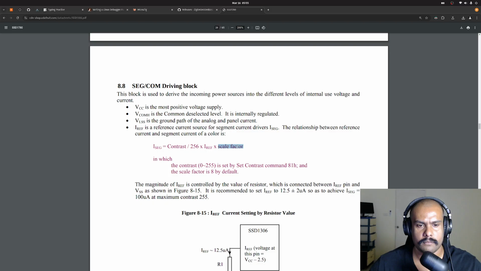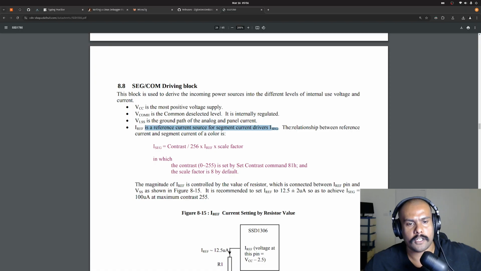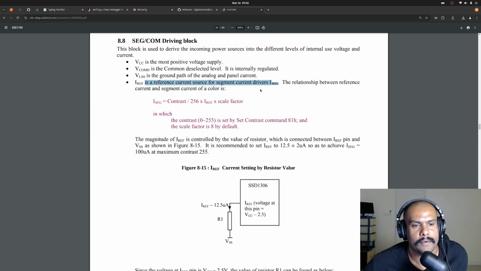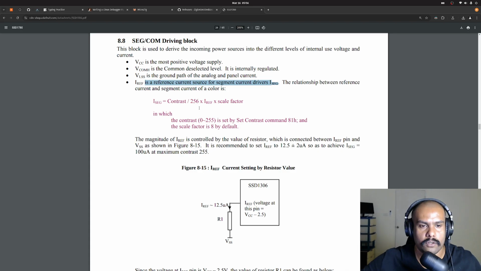Okay, 256. What is this? Might be useful later. Right now, I don't know what it means.